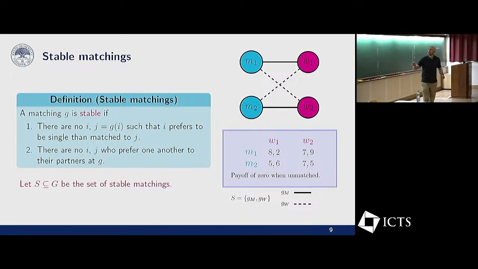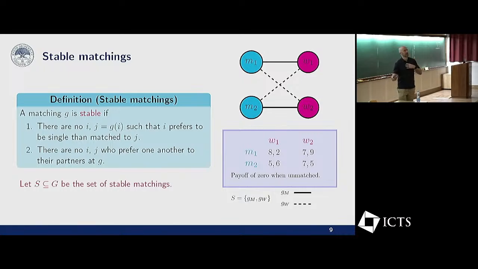The second condition is there are no I and J who prefer one another to their partners at G. Because if they preferred one another to their partners at G, they could leave their partners and match together themselves. You'll notice, by the way, that if we compare this to, say, a Nash equilibrium stability concept, Nash equilibrium is talking about individual deviations, its robustness to one player changing their strategy.